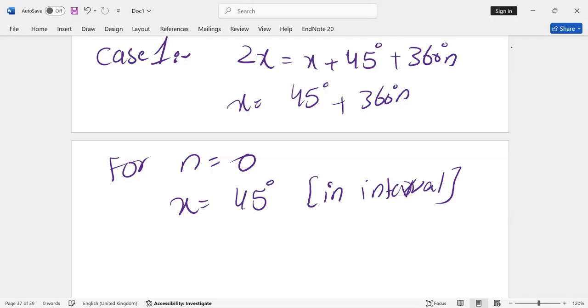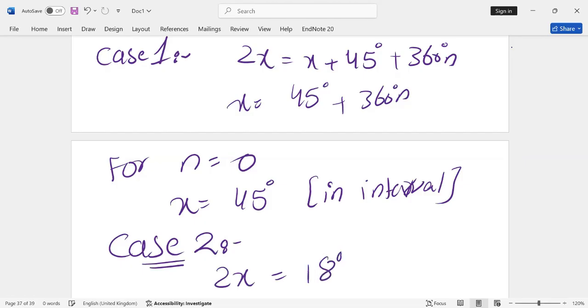So for case 2, we have 2x equals 180 degrees minus x plus 45 degrees plus 360 degrees n. Now I'm solving this.